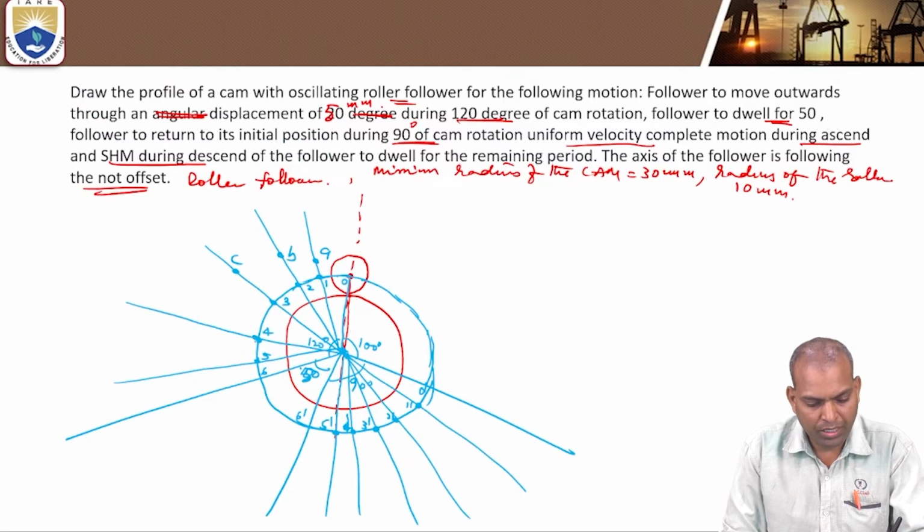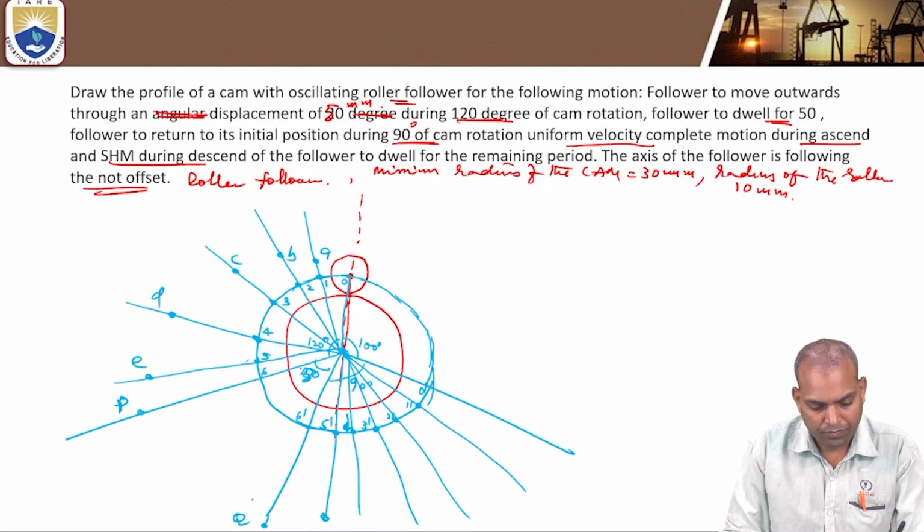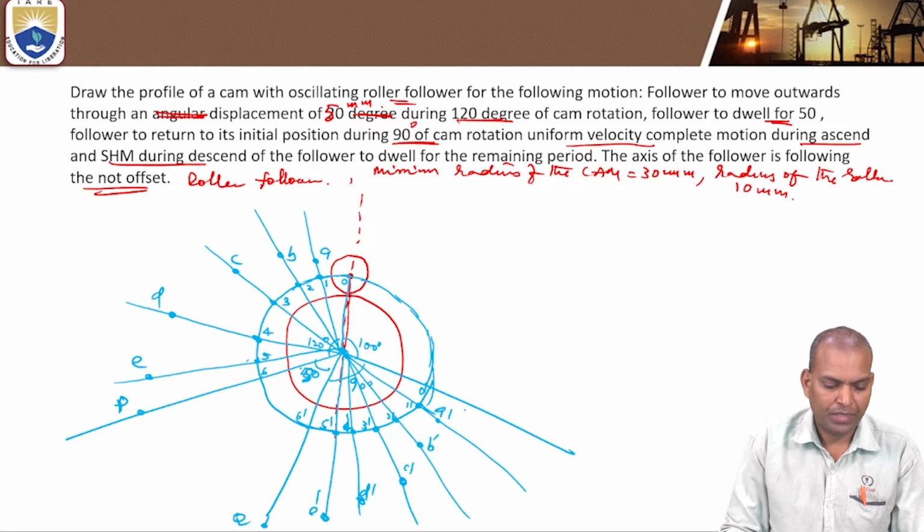Next 5 to E, 6 to F, or in that mentioned P. Next 6 dash to Q. Next 5 dash to E dash, 4 dash to D dash, 3 dash to C dash, 2 dash to B dash, 1 dash to A dash, and so on.